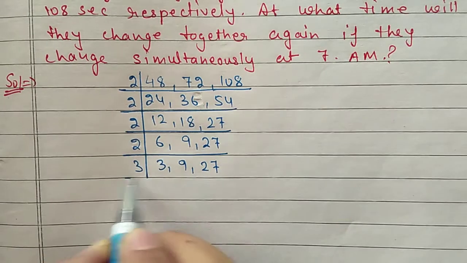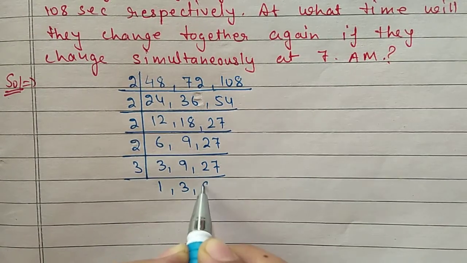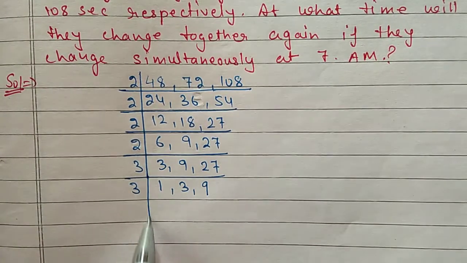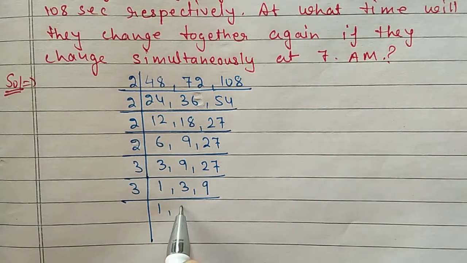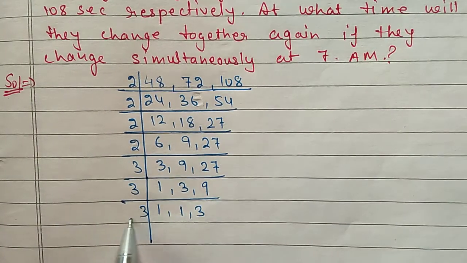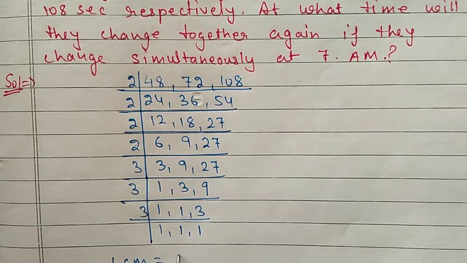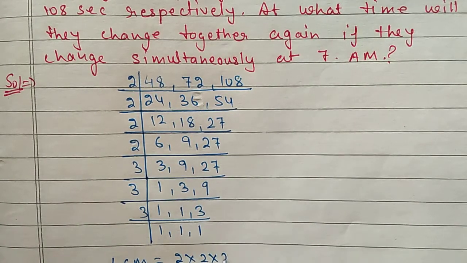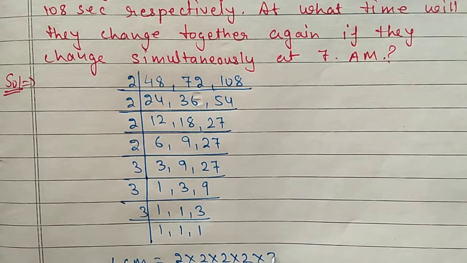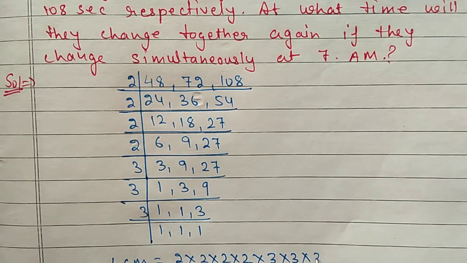Then it will go with 3: 1, 3 and 9. Again with 3: 1, 3 and 1. So the LCM here will be 2 into 2 into 2 into 2 into 3 into 3 into 3.